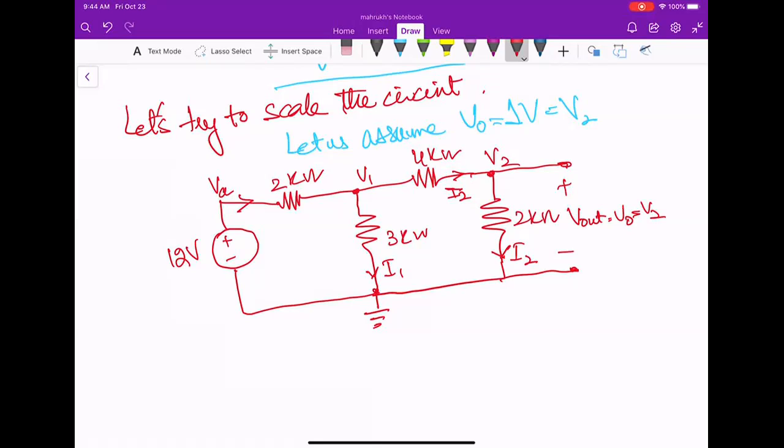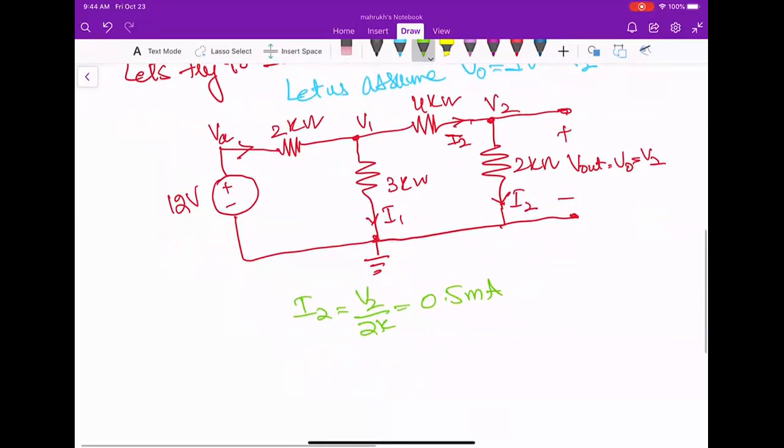So then our I2 will be V2 over 2 kilo ohms, and it's 0.5 milliamps because our V2 is 1 volt.